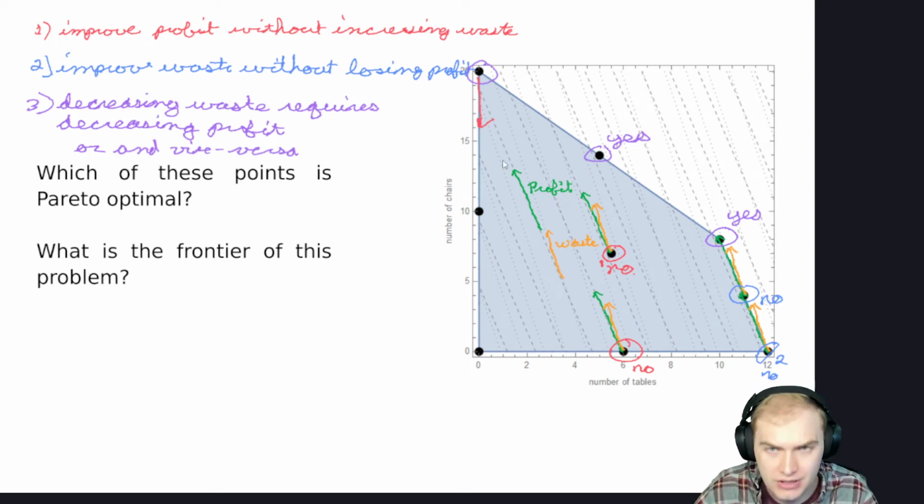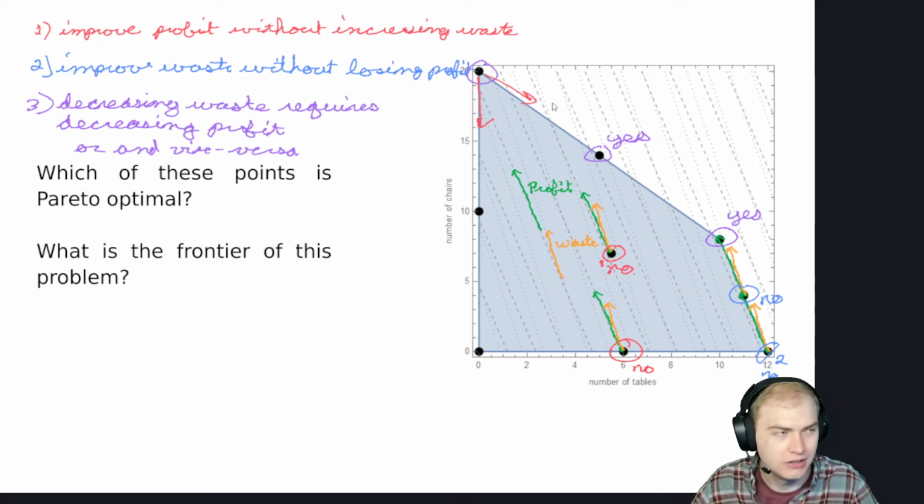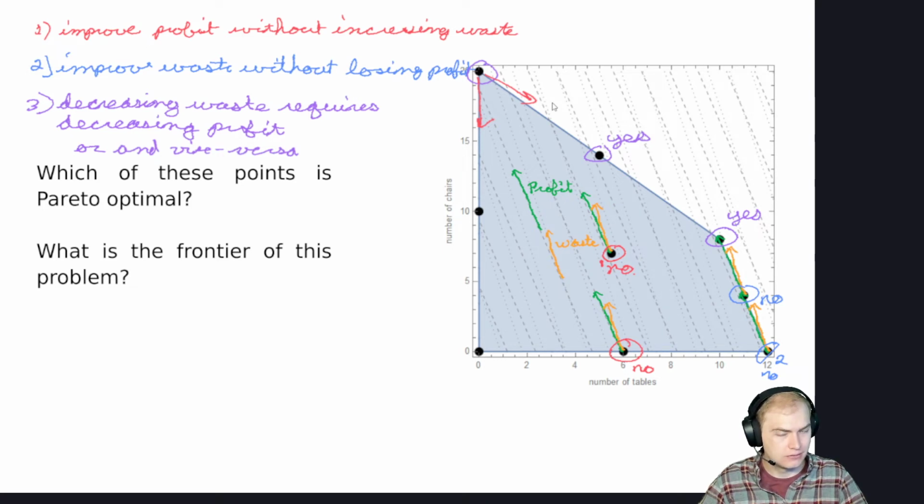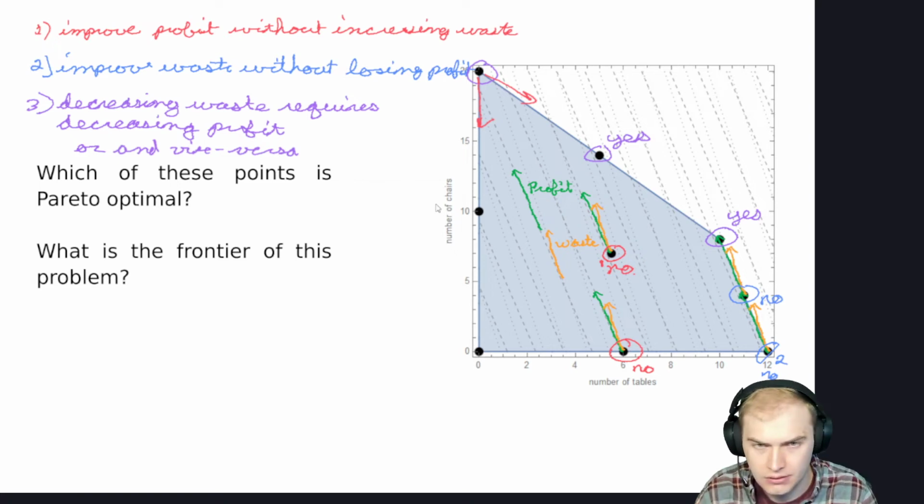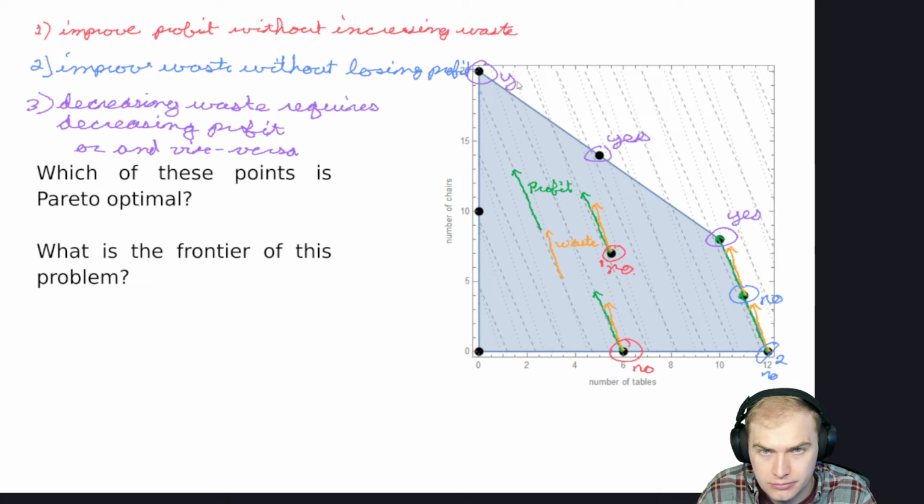If we move this direction, we're increasing profit, but we're also increasing waste. So, yes, Pareto efficient. And in fact, this point is also Pareto efficient.